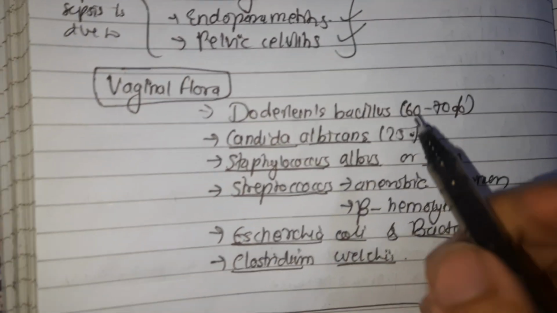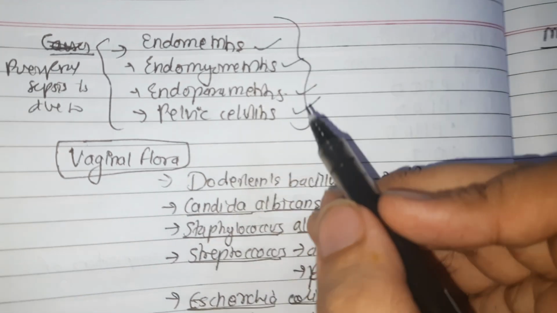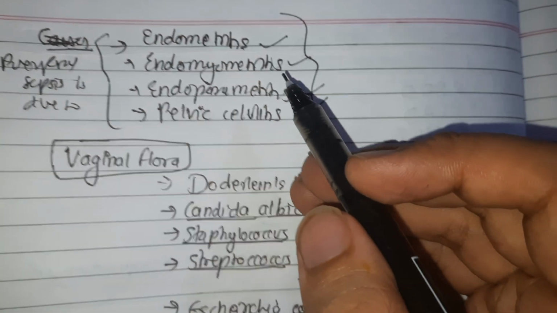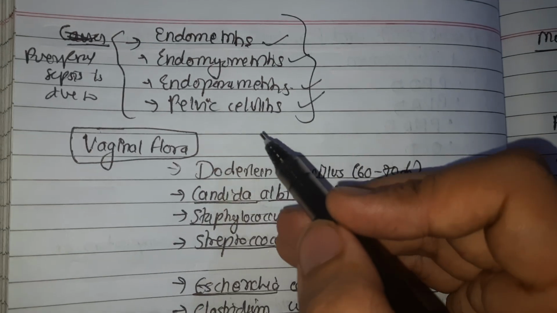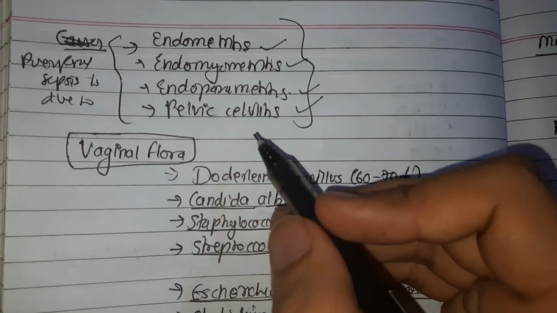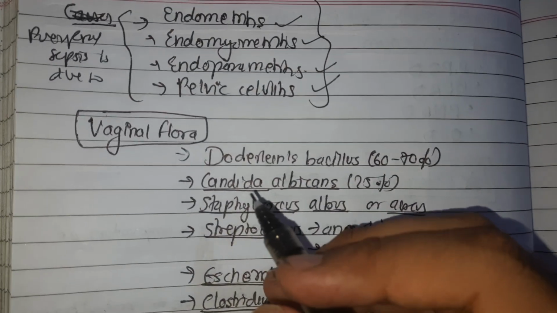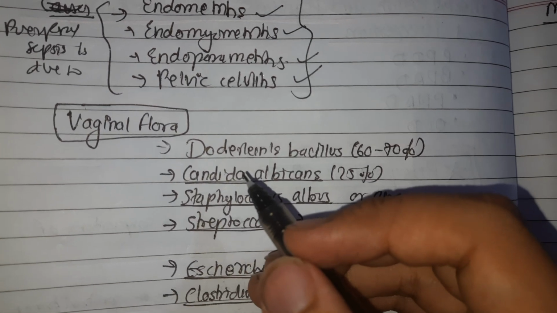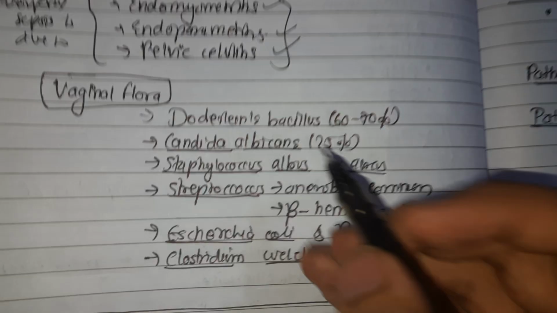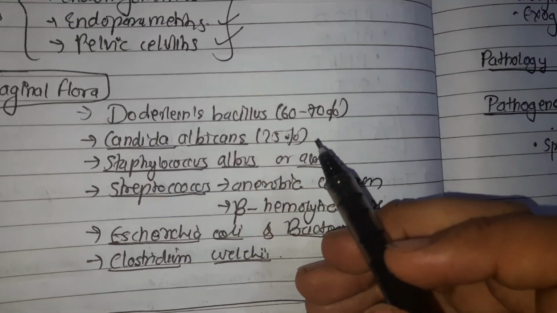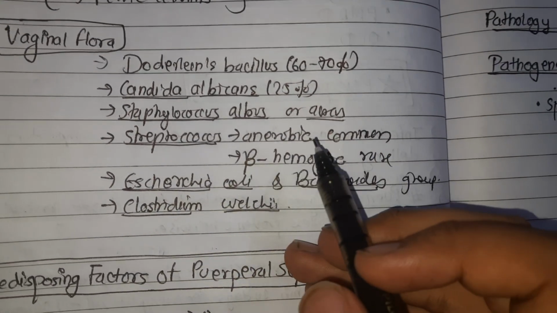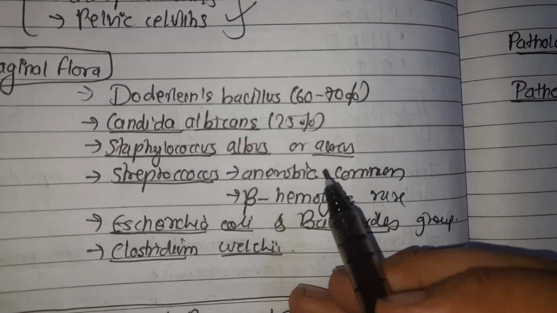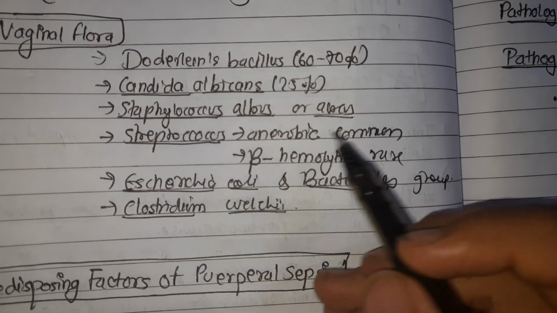Now we will see how these conditions occur. Puerperal sepsis is commonly due to conditions like endometritis, endomyometritis, endoparametritis, and pelvic cellulitis. The vaginal flora in late pregnancy and at the onset of labor consists of various organisms like Doderlein bacilli, Candida, Staphylococcus albus or aureus, and anaerobic Streptococcus.